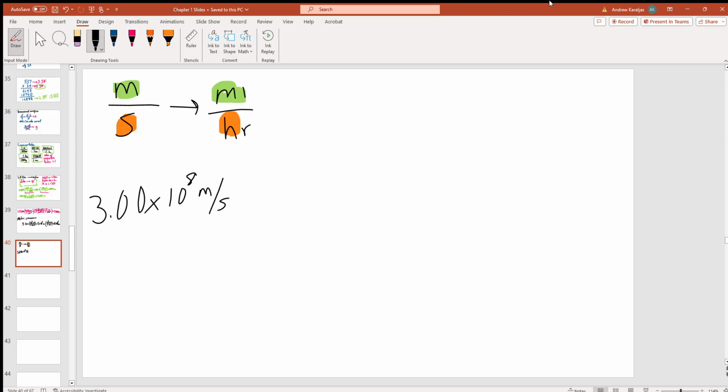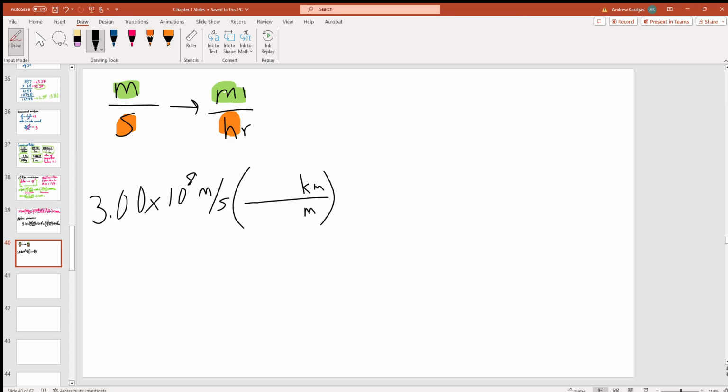So let's start with our distance. We're going to convert from meters into miles. So meters is on top. We want to get rid of meters, so we need to put meters on the bottom. I'm going to put kilometers on top. The reason I'm going to kilometers here is just because I know the conversion from meters to kilometers, and then from kilometers to miles.